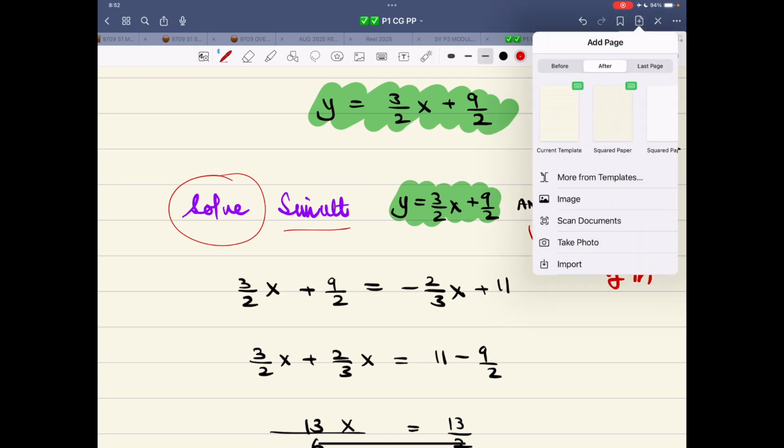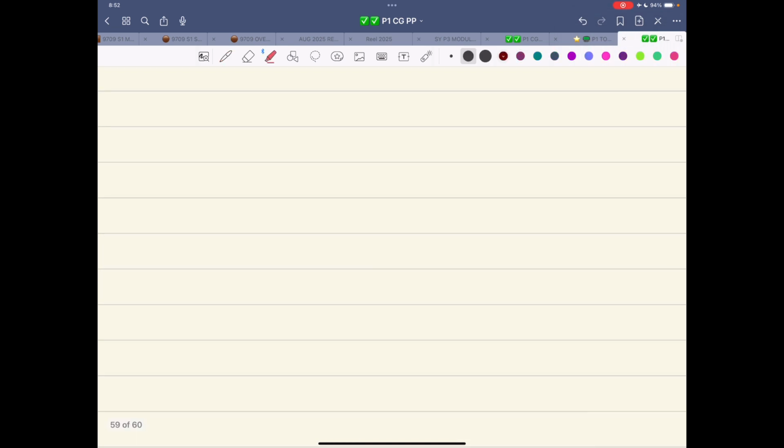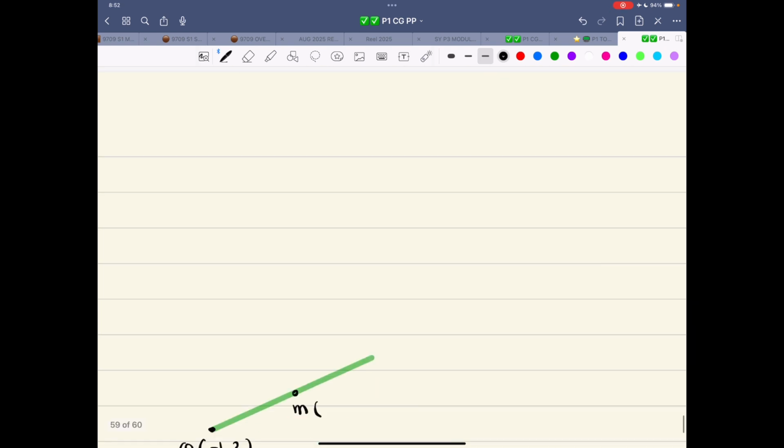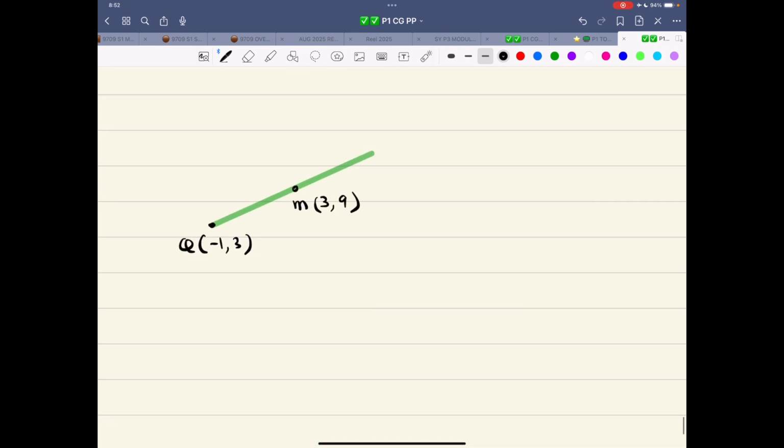Now let me add a page. Now the scenario is something like this. So now we have this point, which is Q, which is negative 1 comma 3. We have this point, which is M. How much is that? 3 comma 9. And we are interested in finding R, which is x comma y. Got the idea?